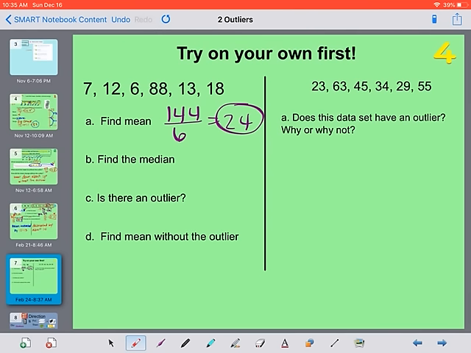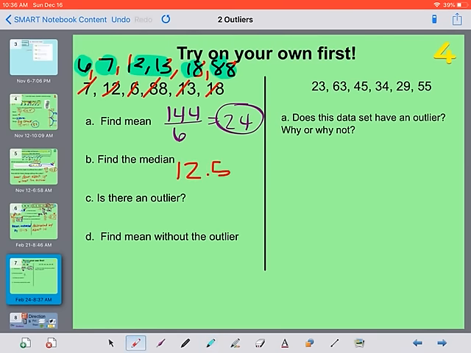So we need to put these in order from least to greatest. 6, 7, 12, 13, 18, and 88. So our median, we have two numbers in the middle, 12 and 13. So between 12 and 13 would be exactly 12.5. If you added them up and divided by 2, you would also get 12.5.